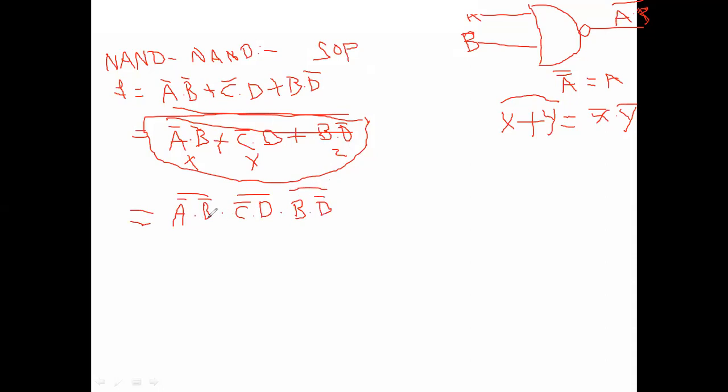So x bar dot y bar dot z bar. Another complement is already there, so that complement will be taken as it is.